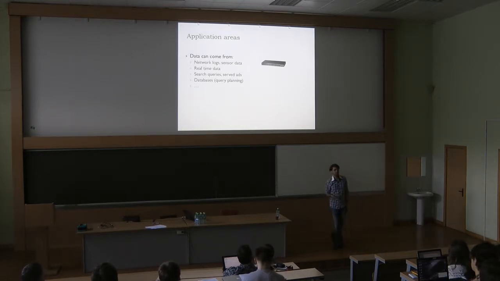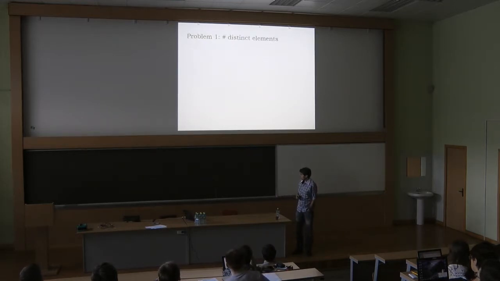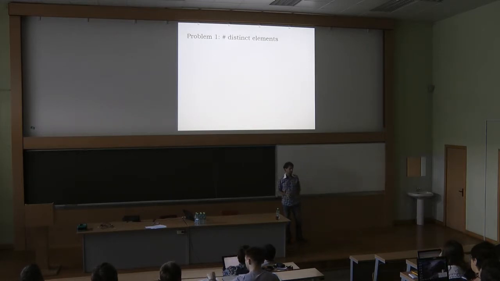You can do this on a database too. If you have a big database and you want to get a sense of how the data set looks, these are the application areas. So this is the setting. I hope the model is clear. If the model is not clear, now is the perfect time to ask any question about this.